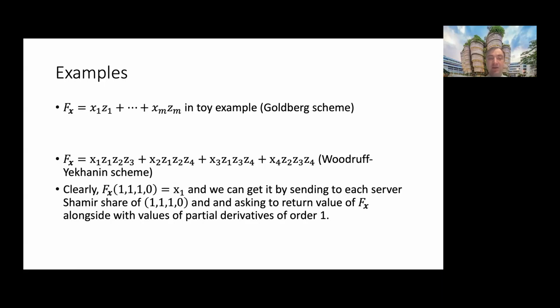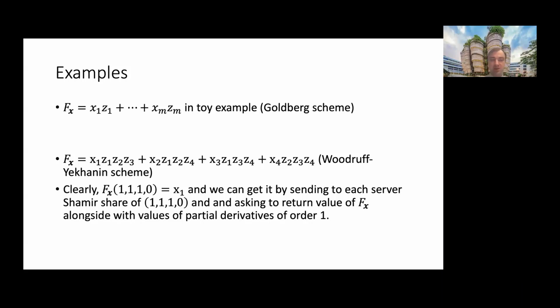And clearly, for example, if we want to retrieve file x_1, we need to find the value of this polynomial at the point 1110, and we can get it by sending to each server a Shamir share of 1110.